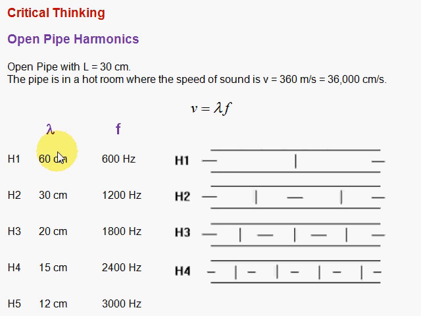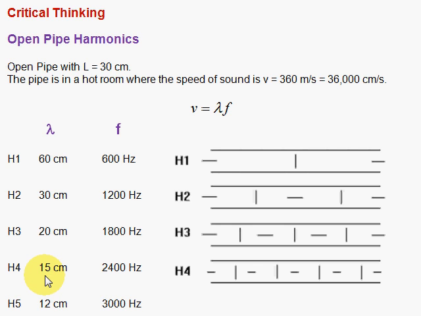I divide by 2 to get the second one. 2 into 60 is 30. I divide the first one by 3 to get the third one. So 3 into 60 is 20. I divide the first one by 4 to get this one here. So 4 into 60 is 15. You can think of 60, divide it in half twice.